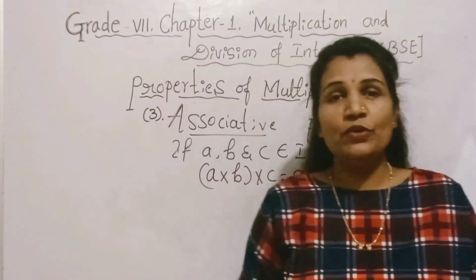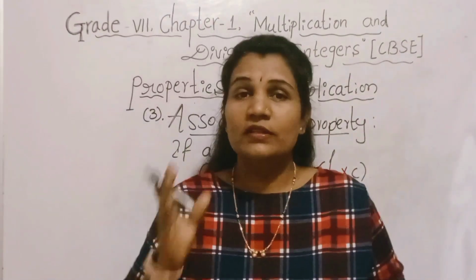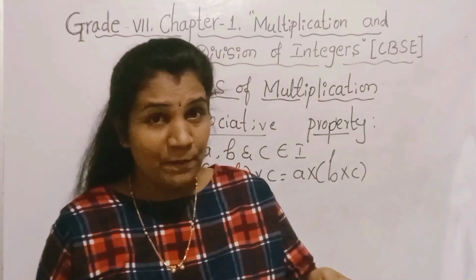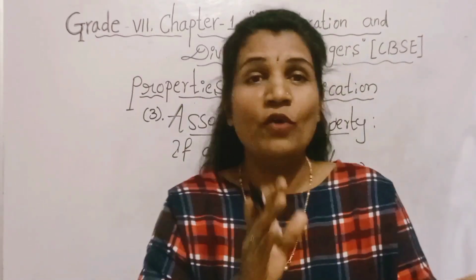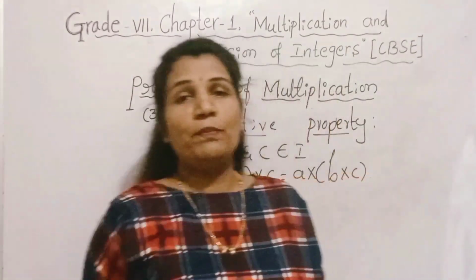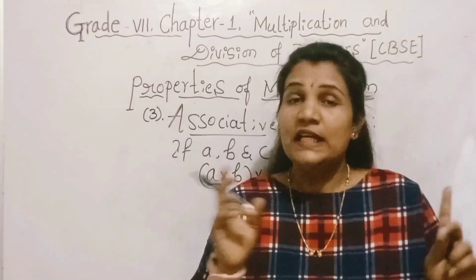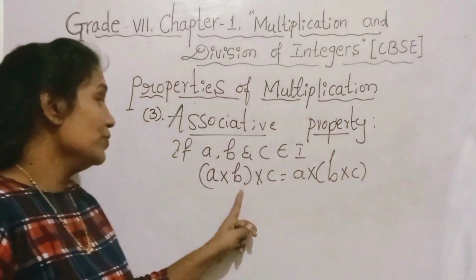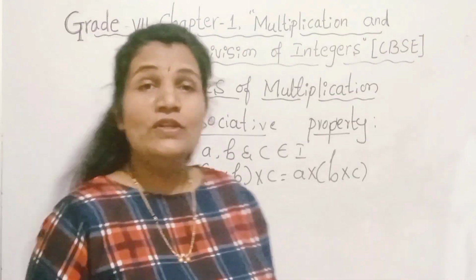First we make a group of any two integers and take the other integer separately, and then leave the first integer as it is and make a group of the second and third integers. Clear? In the associative property, if a, b and c are any three integers, then (a into b) into c is equal to a into (b into c).